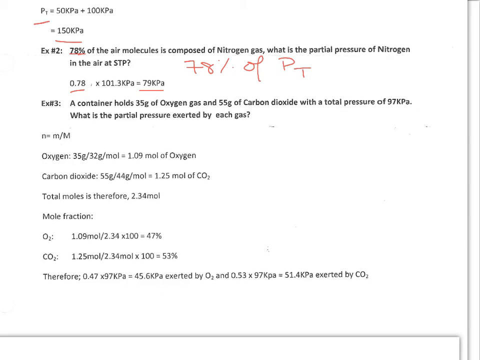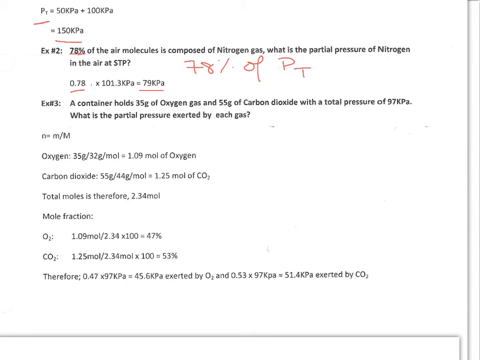Which means that if this is air, I also have oxygen and helium and hydrogen and argon and water and a whole bunch of other gases. So that means that 22% of 101.3 gives me the pressure of all of those other gases.